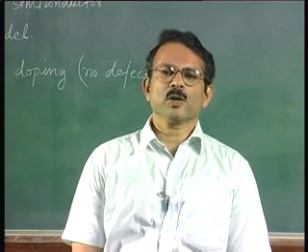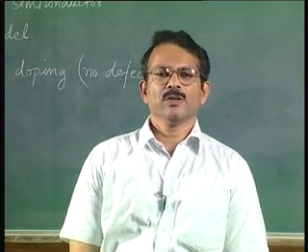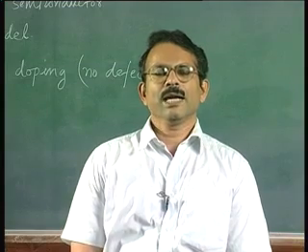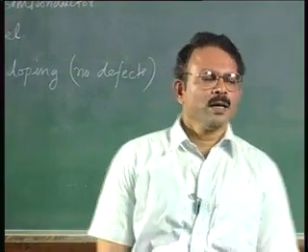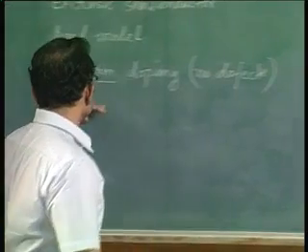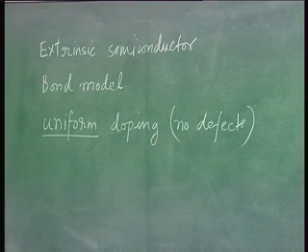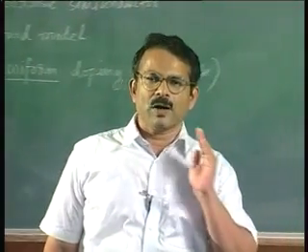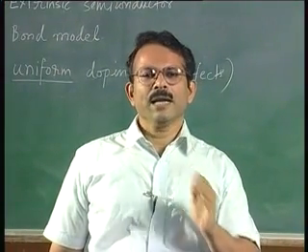This is because the processes that are used to introduce impurities normally result in random location of the impurity atoms. So, that being the case, now what is the meaning of uniform doping? The impurity atoms are not regularly placed, they are randomly located.